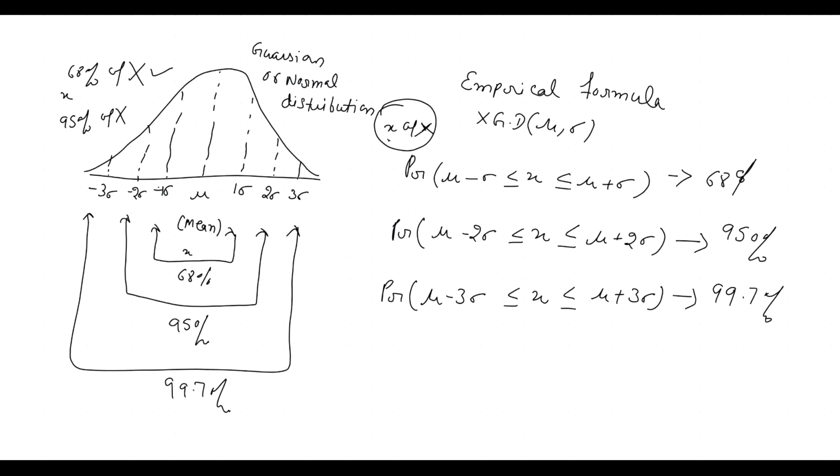So this is the way we calculate the distribution of the data, when your data is in the normal form. Using the empirical formula, you can calculate the range of the data, how far away it exists from the mean. And this is creating the bell curve shape. We call it the bell curve shape.